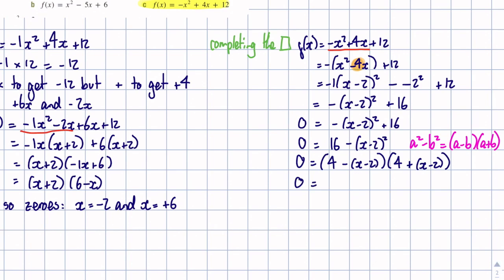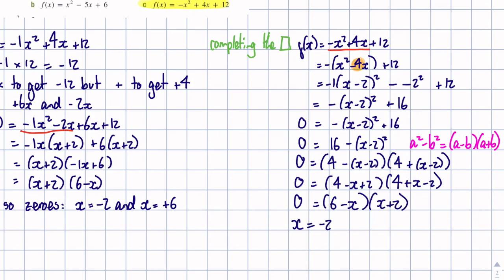So I've got 0 equals 6 take x, x plus 2, which means x equals minus 2 and x equals positive 6, which is exactly the same.